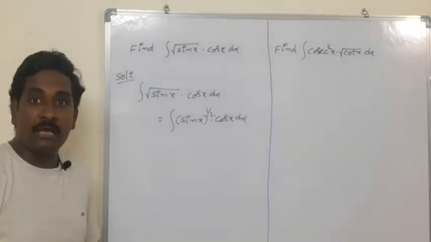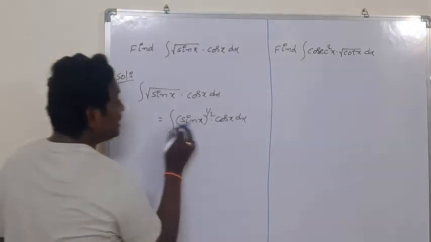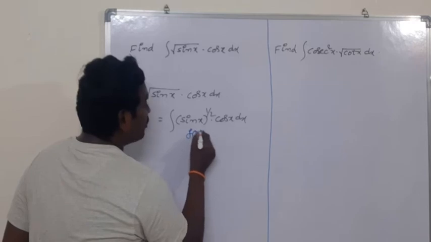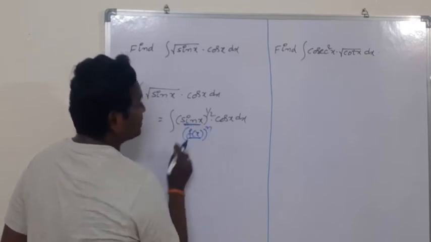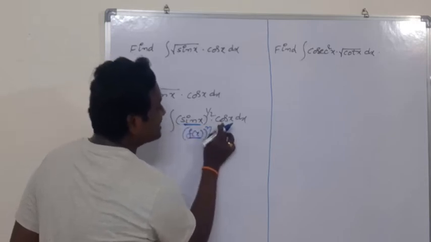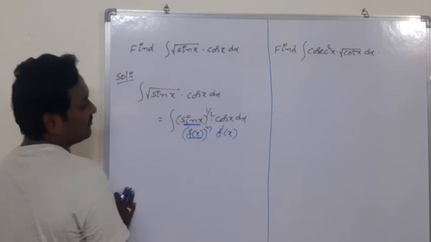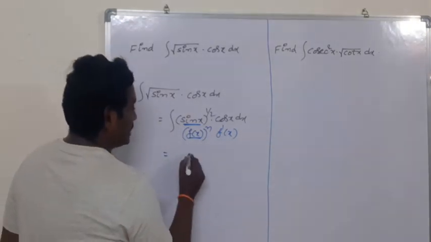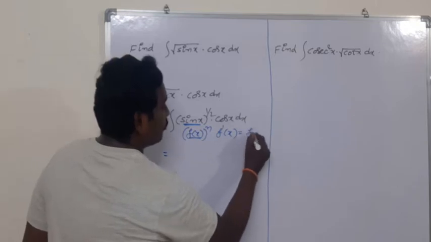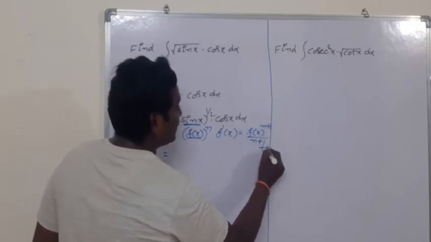Clearly here also we are observing that the given problem is in the structure of integration of f of x whole power n. If you take f of x as sin x, the derivative of sin x is cos x here, which is in product. So you can apply this formula for this problem directly. Which is f of x whole power n plus 1 by n plus 1 plus c.